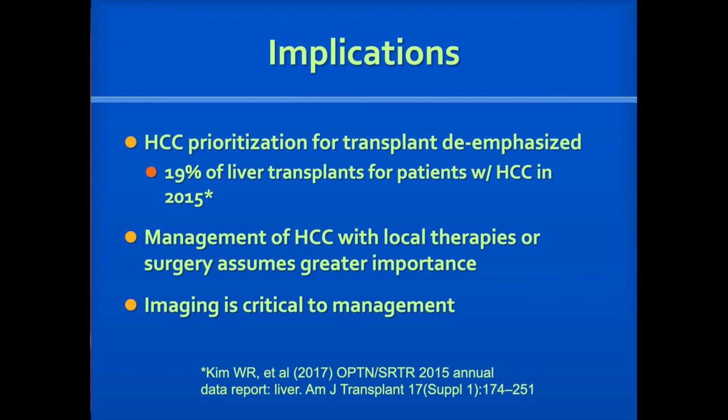So they made the criteria more stringent for people with HCC. And as a result, management of HCC with local therapies or surgery assumed even greater importance than it already did. Imaging, of course, throughout all of this remains critical to management because it determines what treatment options are available. Do patients qualify for MELD points? Can they get a transplant? And so on.